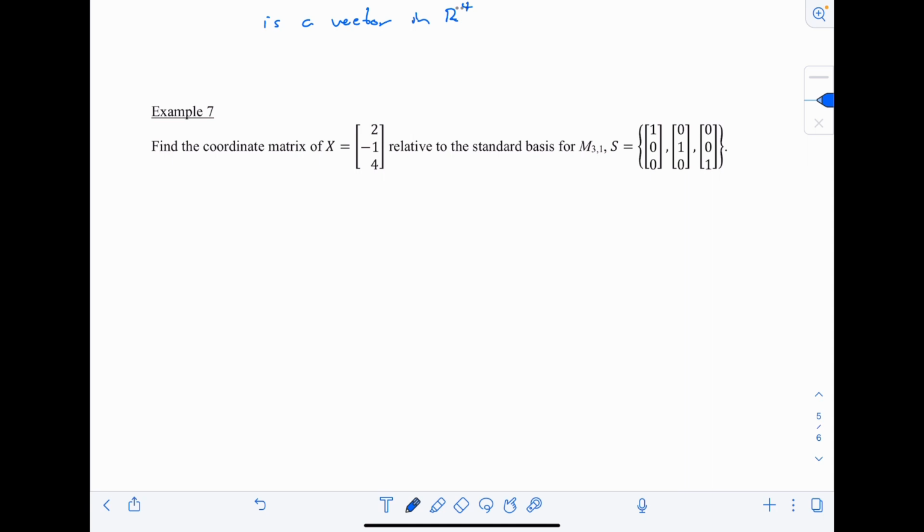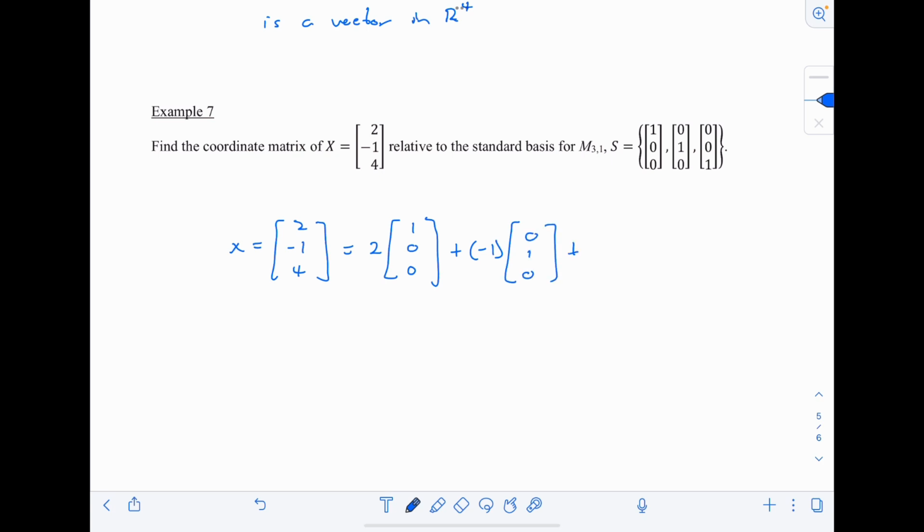Okay, so here, if I want to take this vector, which is in matrix form 2, -1, 4, and write it as a linear combination of the vectors in S, I would take 2 times [1, 0, 0] plus -1 times [0, 1, 0] plus 4 times [0, 0, 1].